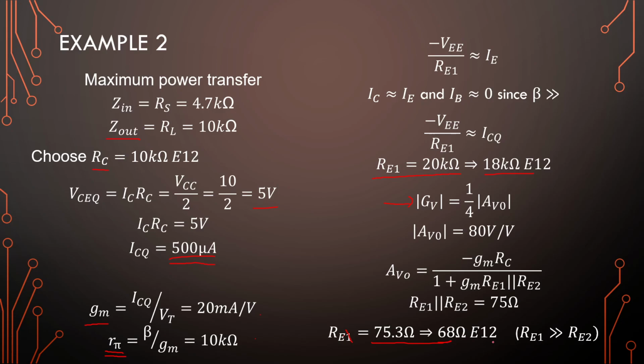But the approximation that I made here can also be used in some of our other steps. Whenever RE1 is much greater than RE2, you can just eliminate it from this equation and the input impedance, because the value that you get is close enough, and you're in any case going to choose a different value that differs quite a lot from this one.